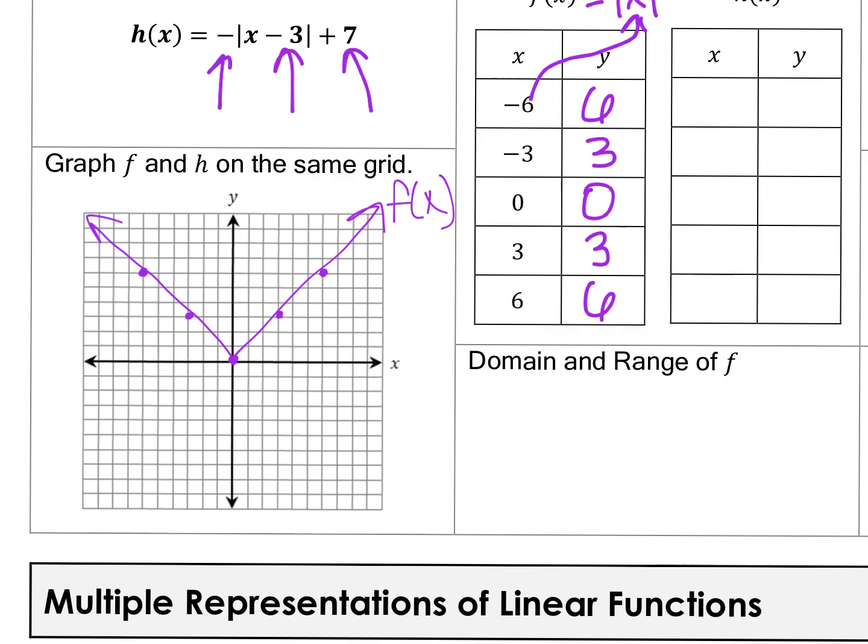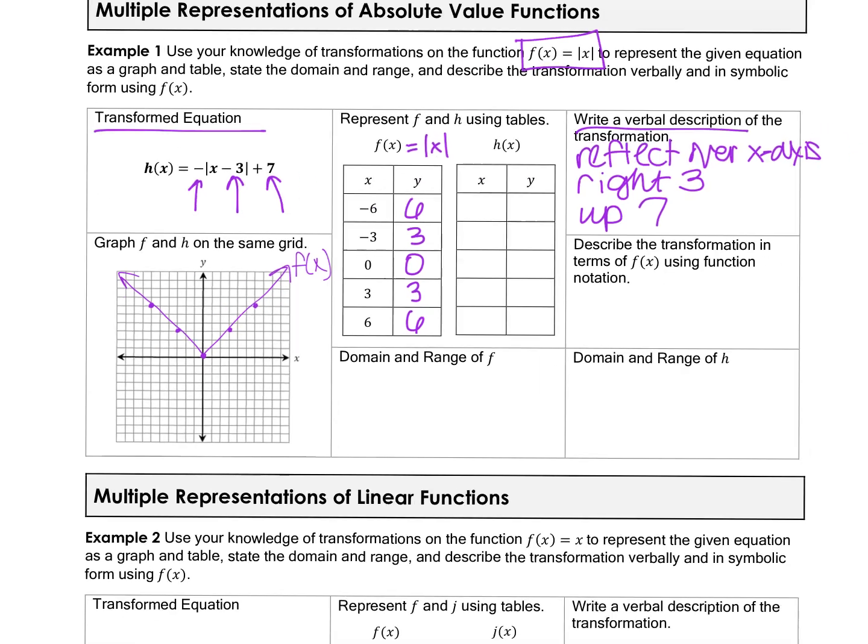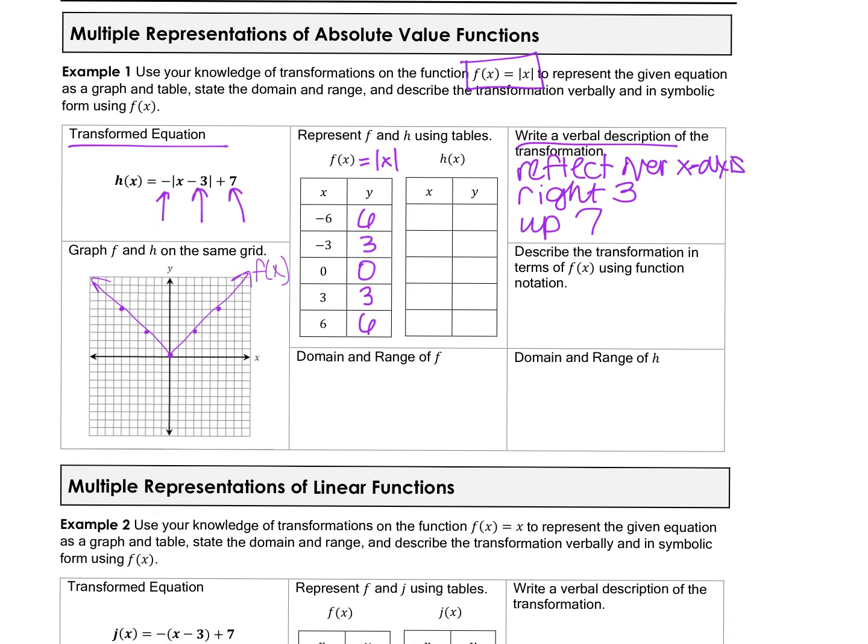So that's my parent function f of x equals absolute value of x. Now we're going to adjust our values based on our transformations. So if you remember, we talked about that on the first lesson in Unit 2. So this negative piece, we're multiplying the y's by -1.